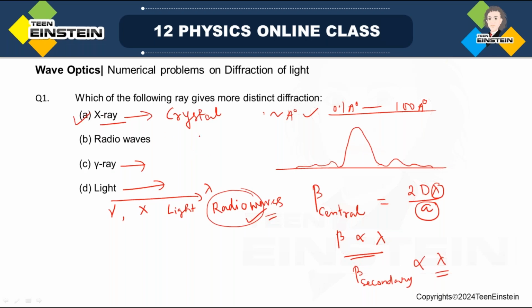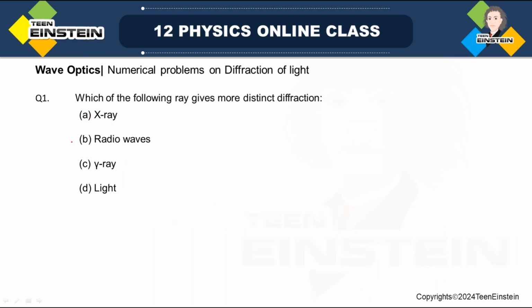X-ray diffraction is generally used for crystallography. But in the normal case, among these 4, radio waves will give the more distinct diffraction pattern because they have the greatest wavelength. So the answer here is radio waves.